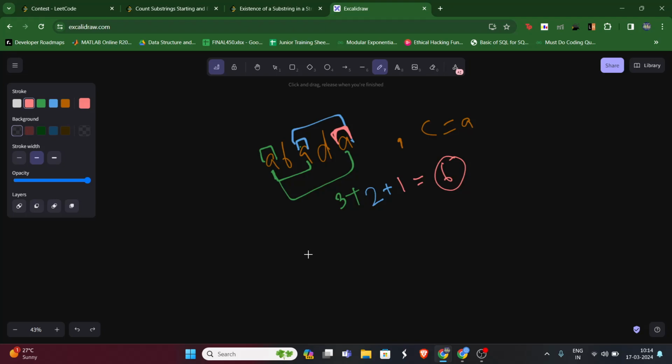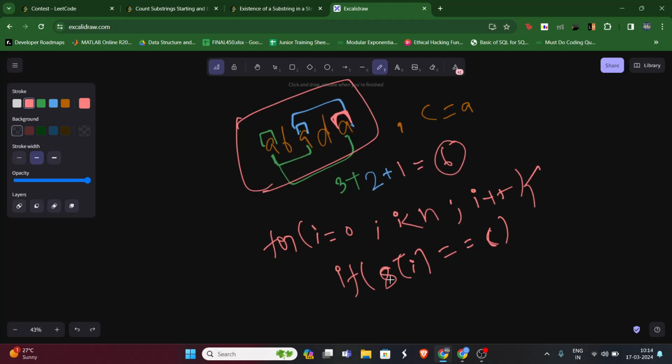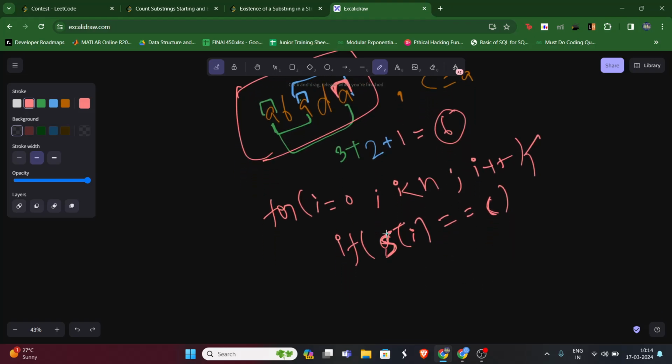Now we can always run a nested loop for finding this. How? First, I run a loop for i equals 0, i less than n, i plus plus. As per the question, if this starting character, S of i, is equal to the given character C, then we can run another loop.